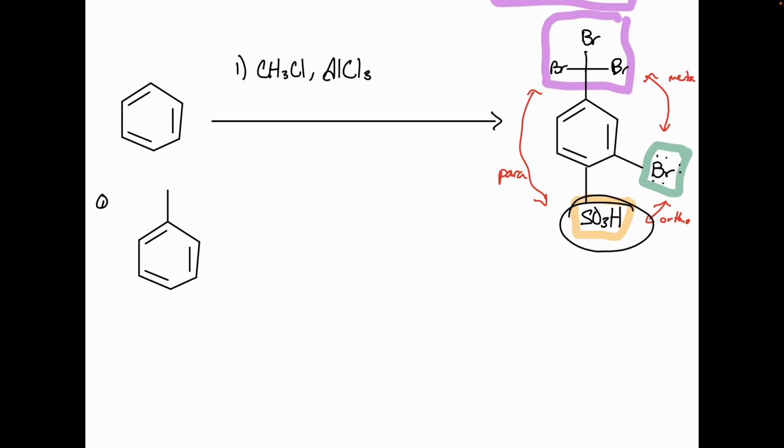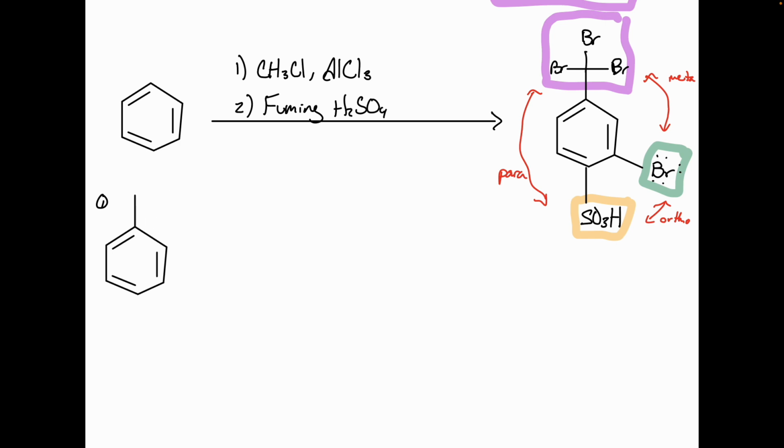I'm going to want to stick that sulfonic acid group para to that methyl group. I would get a mixture of products here, but we're assuming that we've got some purification, some sort of chromatography or something that's separating these out. So yes, I'll have a mixture of both, but the only one I really care about is the one where it's in the para position.